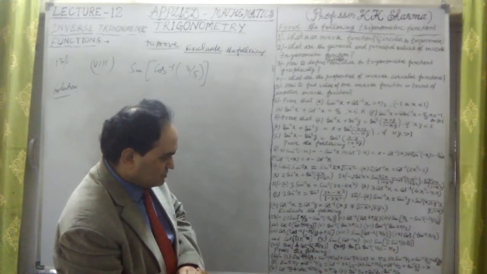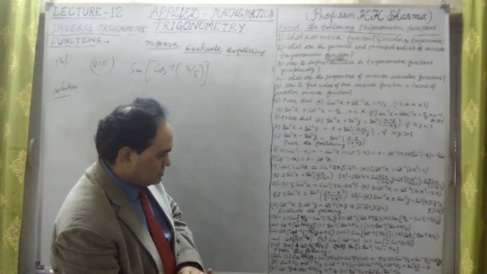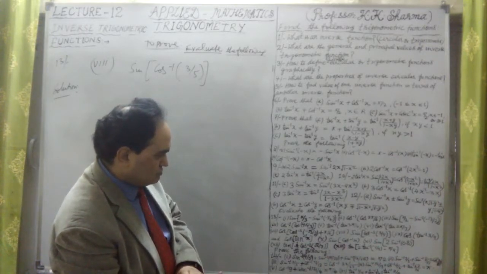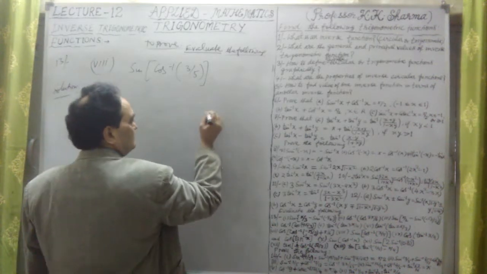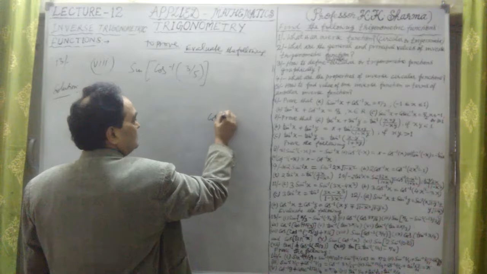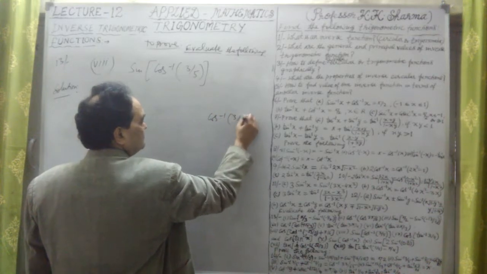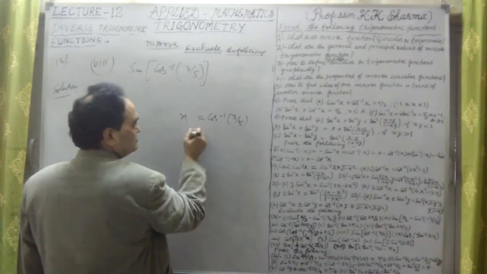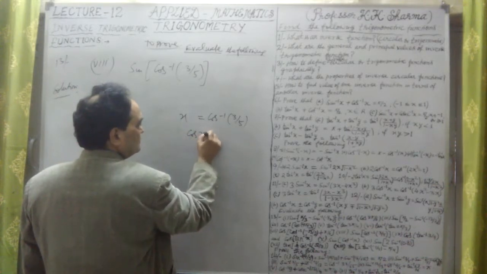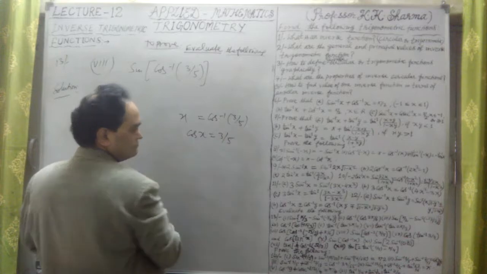I'll take that value. So this is cos inverse of 3 by 5. Let me solve it here. Let us take this equal to x here. That is cos x equal to 3 by 5.